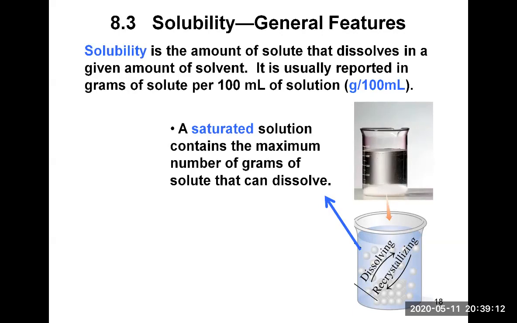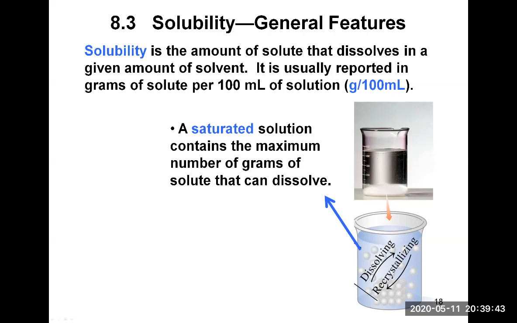And so the beaker here is showing you how solubility, dissolving of the crystals and recrystallizing of the crystals is happening. It's a dynamic process where, if more solute dissolves, and then there is too much dissolved in the solution, then some will recrystallize. And so it's a dynamic exchange between dissolving and recrystallizing.